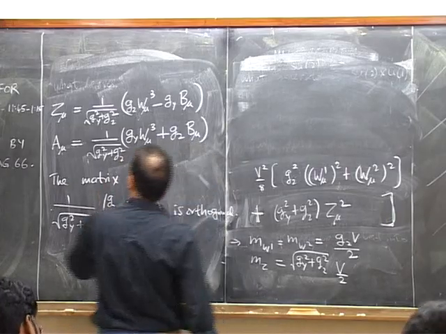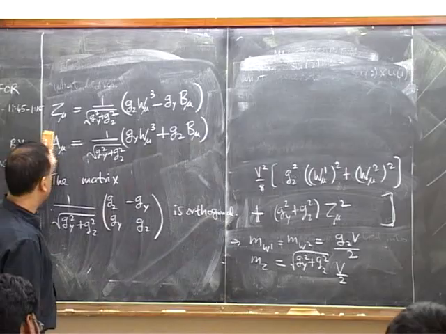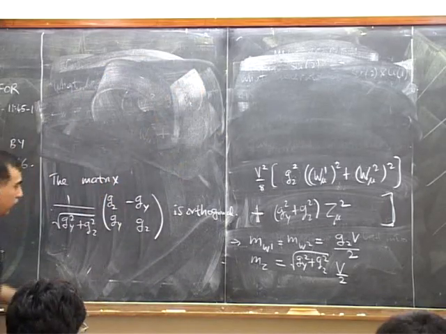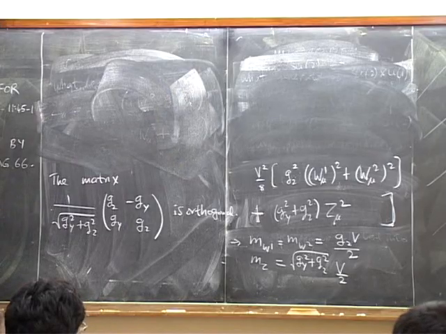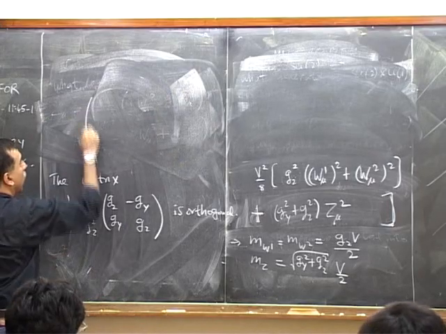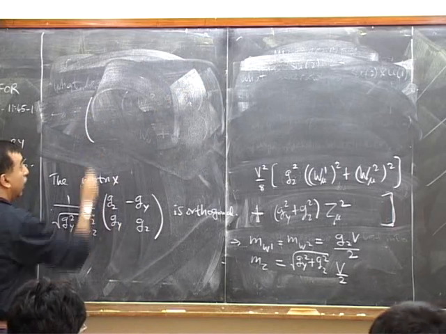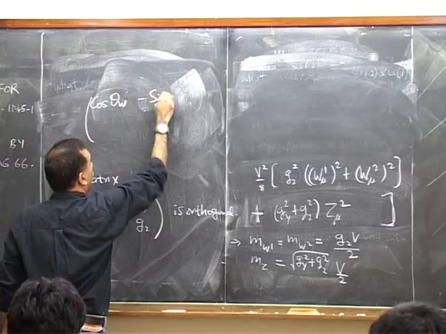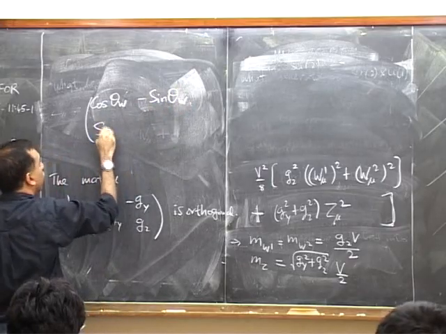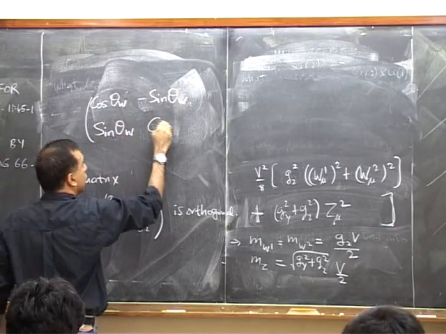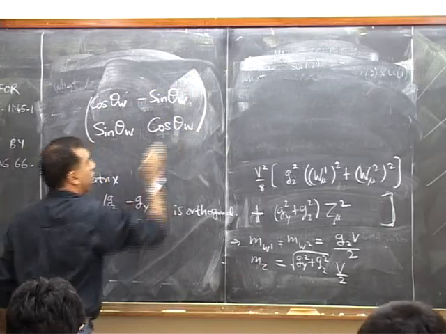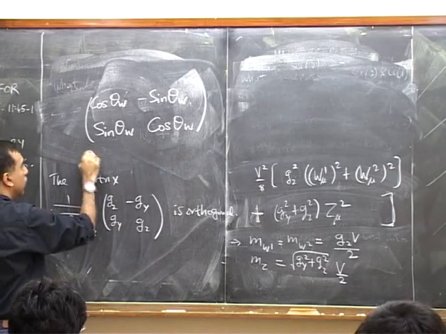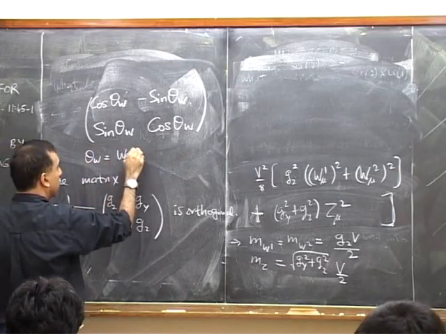Now to close, I'll just rewrite this matrix in a nice way. So let's pick our favorite Nobel laureate, let's say Weinberg, and let's call g_2 over this root cos of theta Weinberg. And then this is an appropriate way to parameterize any orthogonal 2x2 matrix, and theta W is called the Weinberg angle.